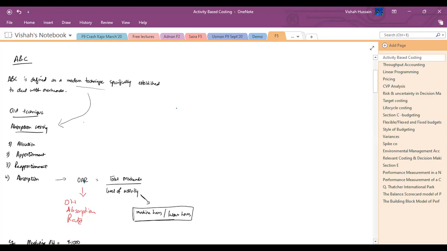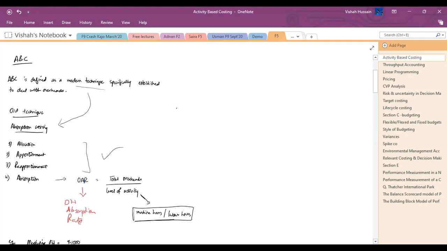So if you remember from your F2 studies, absorption costing has 4 steps. One is allocation, second is apportionment, then we used to reapportion the overhead cost, and then we used to absorb the overhead cost. The first 3 steps are not the issue. These are correct.